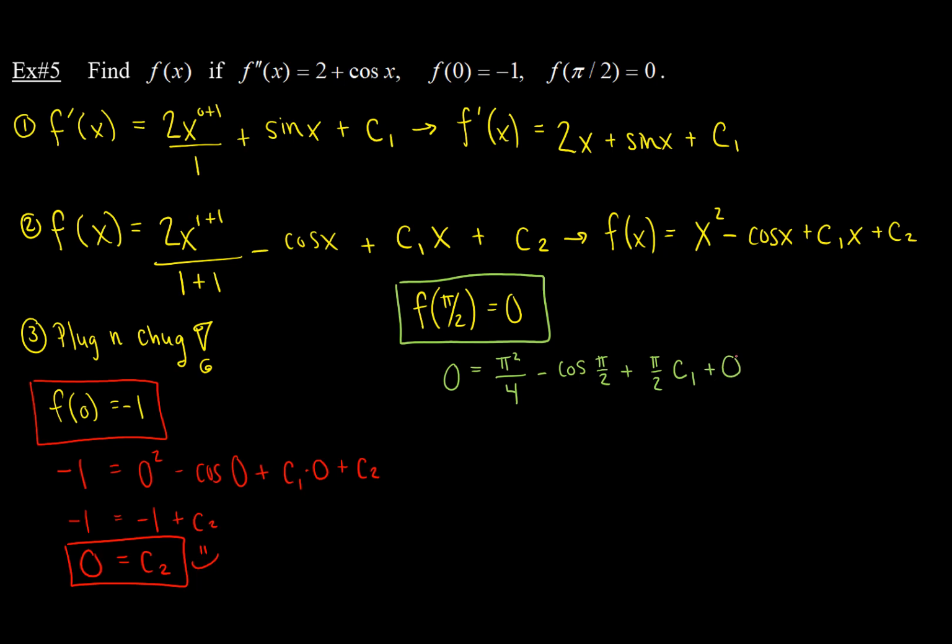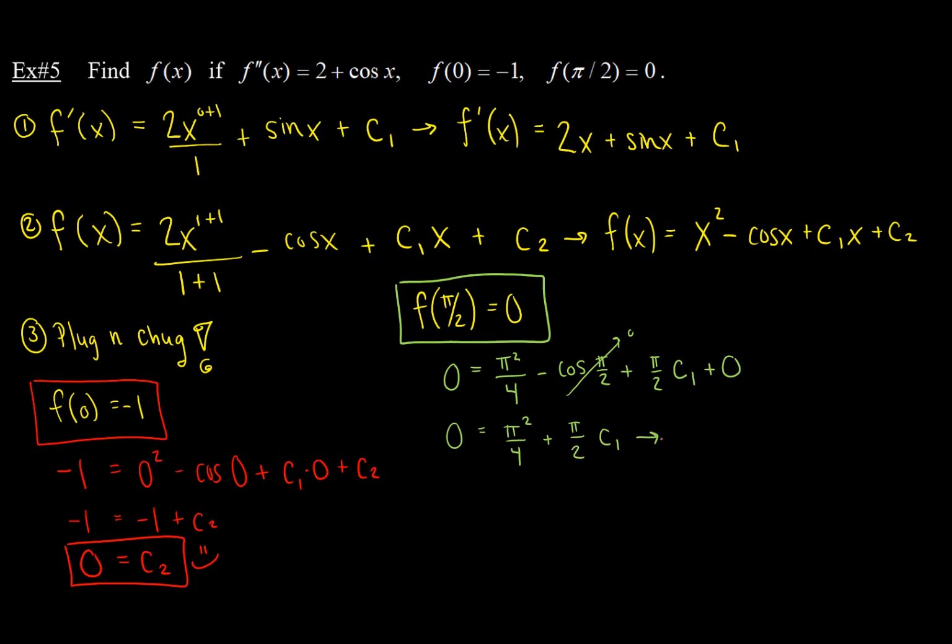And then remember that we just found c sub 2 to be 0. So I do that, and simplify it. On the right side, I end up with this.